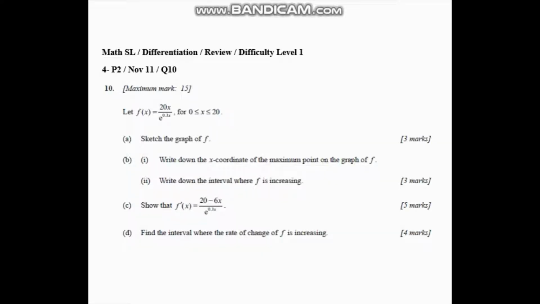Finally, I need to find the interval where the rate of change of f is increasing, and I'll use the GDC to do that, bearing in mind that the rate of change of f is f dash, so I just need to know where f dash is increasing, so I'll sketch it on the GDC.